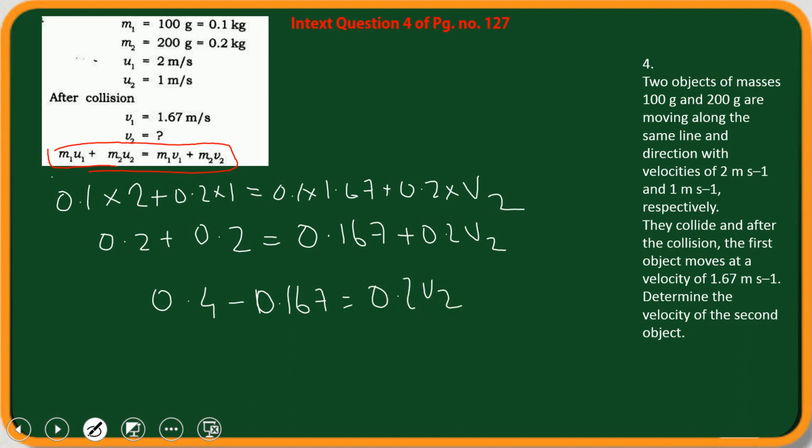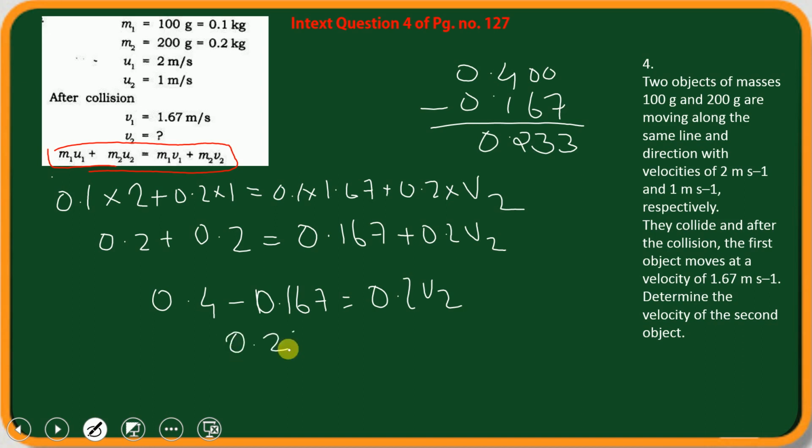Now while subtracting 0.4 minus 0.167: from 10, 7, 3; from 9, 3; from 3, 1, 2, correct, 0.0. So it will become 0.233 is equal to 0.2 V2, correct.